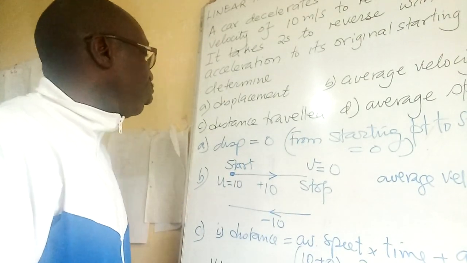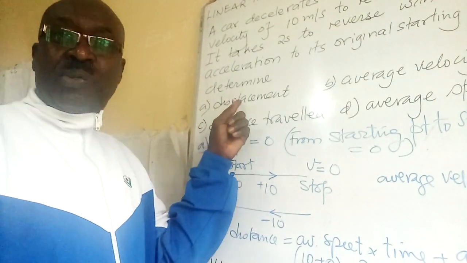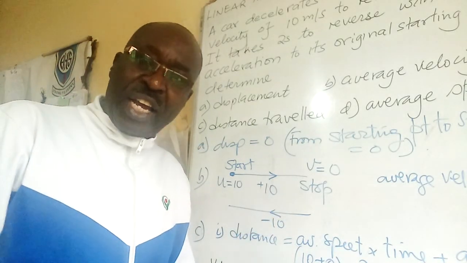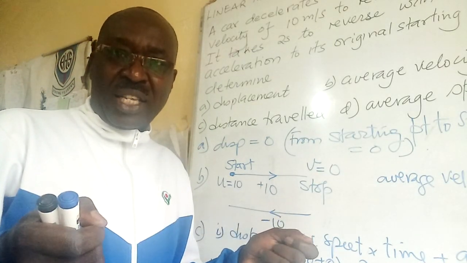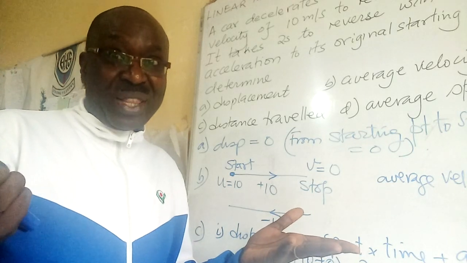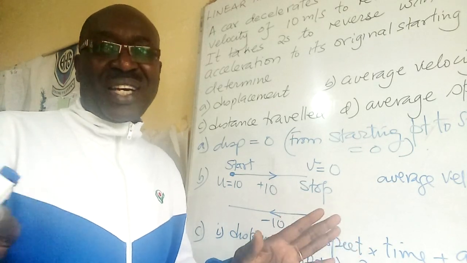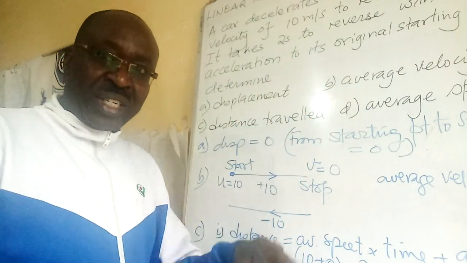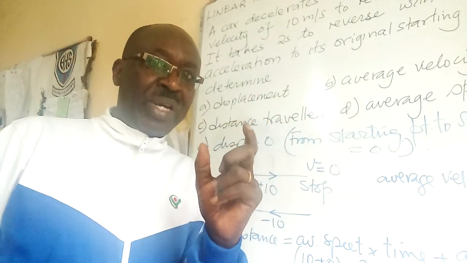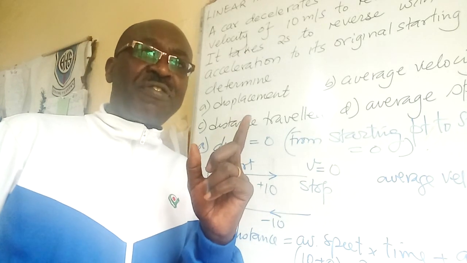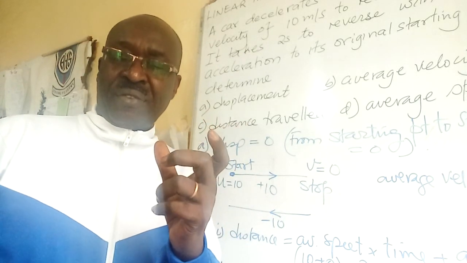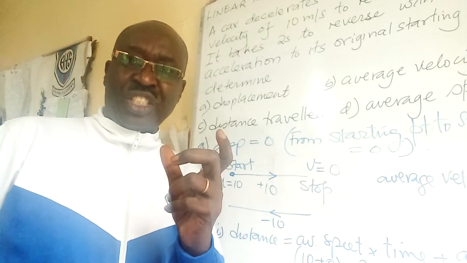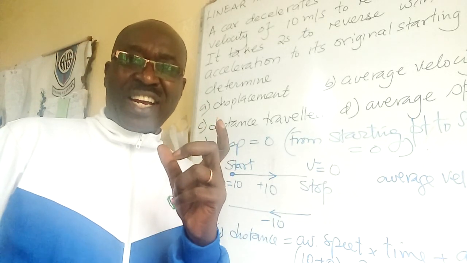So as I conclude, displacement is from the starting point to the end point. Then you measure the length or use Pythagoras or SOHCAHTOA. Those are the tools. Average velocity: he is testing your ability to see if you have understood direction in terms of sign.